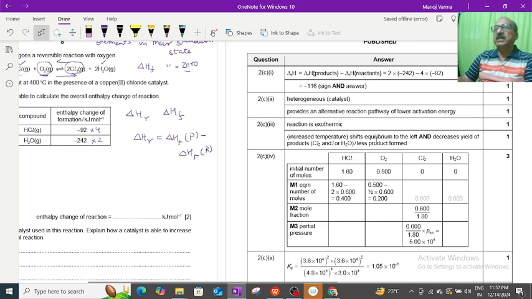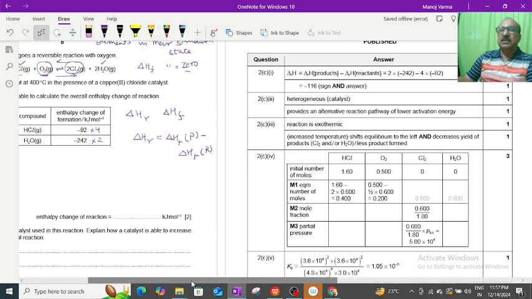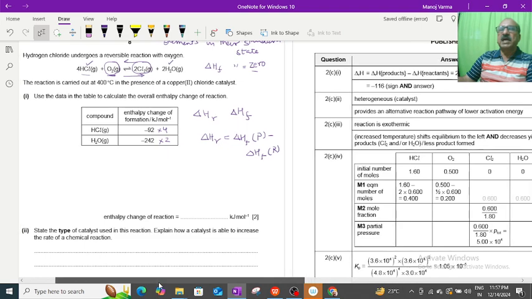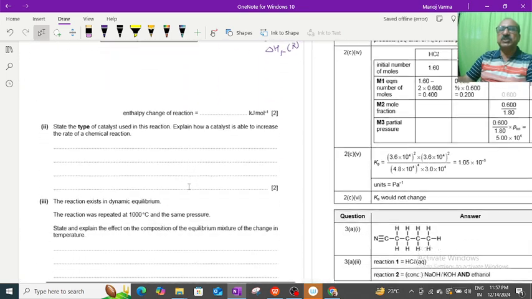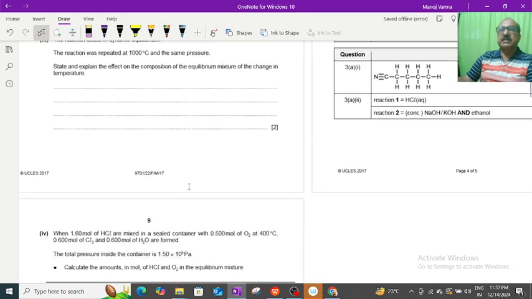So less product is formed, that means more reactants, because the equilibrium is shifting to the left hand side. So I think you understood this. So this is how it was asked. Then now let's go to the further parts of this question.